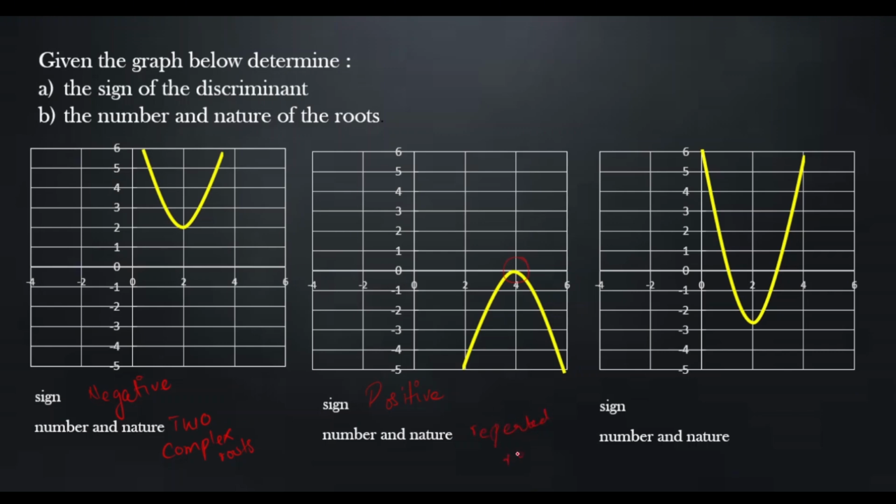That means both roots will be the same, or we can say that it has one real root. In the next graph, the parabola is touching the x-axis at 2 points. That means its discriminant will be positive and it will have two real solutions.